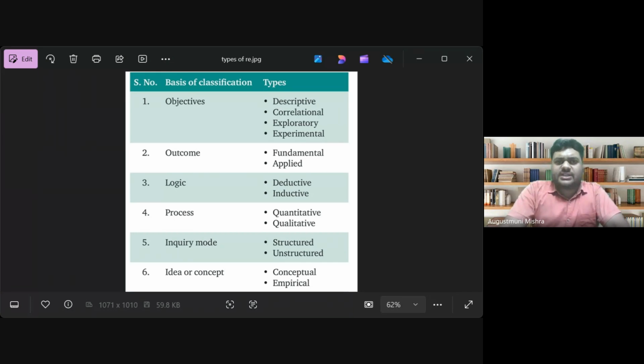I have not shared the slide right now. I have shared the picture where we were discussing the descriptive research first.